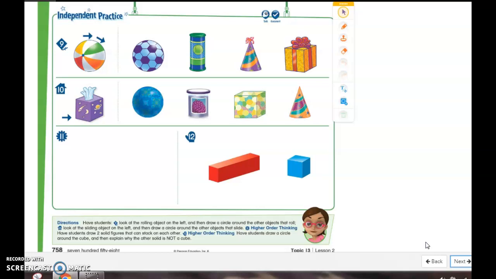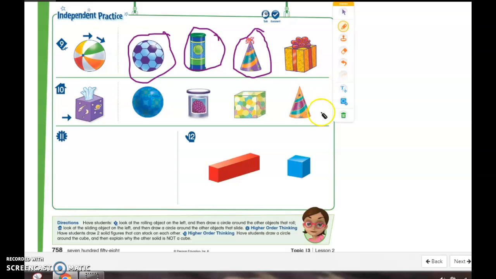Okay, so now which of these real world objects can roll in the top row? Which ones can roll? Well, the sphere can roll, the cylinder can roll, and the cone can roll. There you go. Very good. And I'm calling them by their math names, even though they're real world pictures, okay?